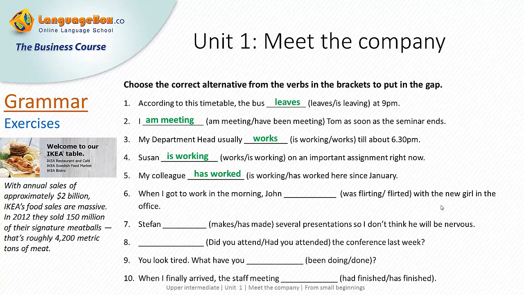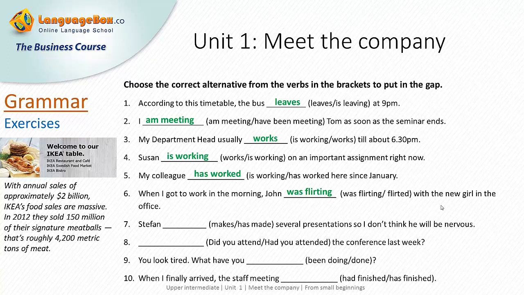Is it a long action or a short finished action? Is it background information or is it a main event? Well, I think it's background information to tell you what was happening when I got to work this morning. And background information was the past continuous tense. So our correct option here is going to be John was flirting with a new girl in the office.